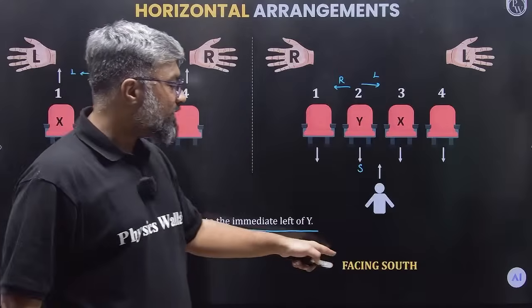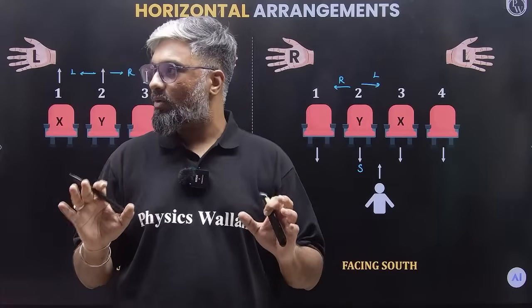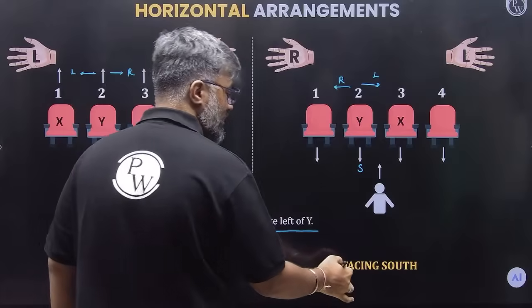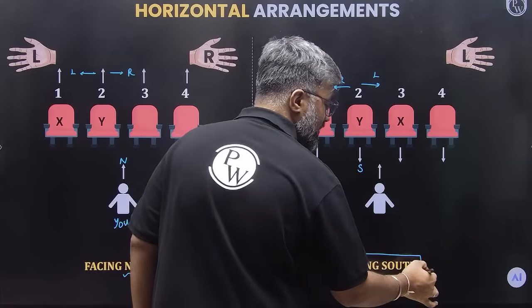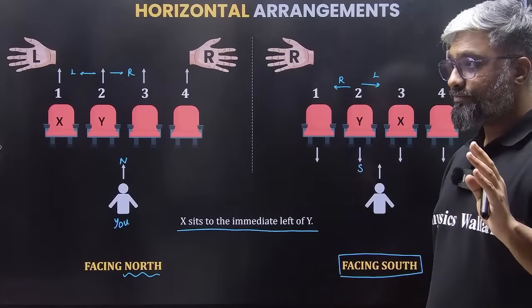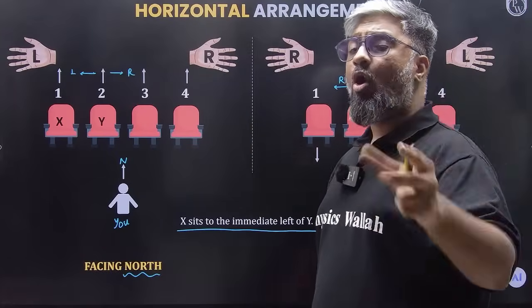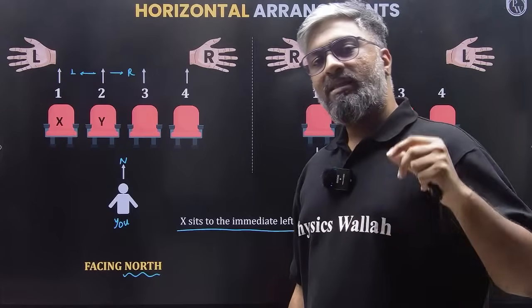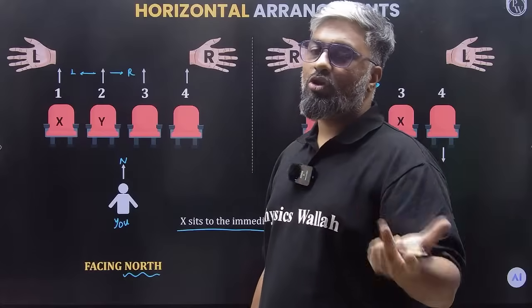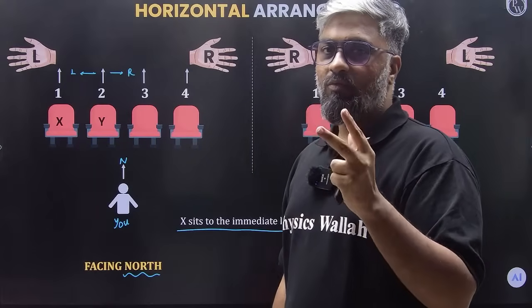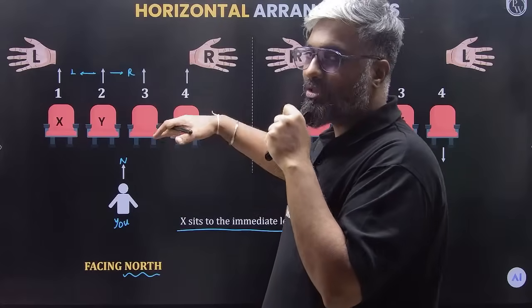Works? This will be very explicitly given to you in the questions, whether they are facing the south direction or the north direction. Now, what if in an odd case they have not told you the direction of facing? They have not told you whether they are facing south or north. Then what would you do? Which condition should you take?